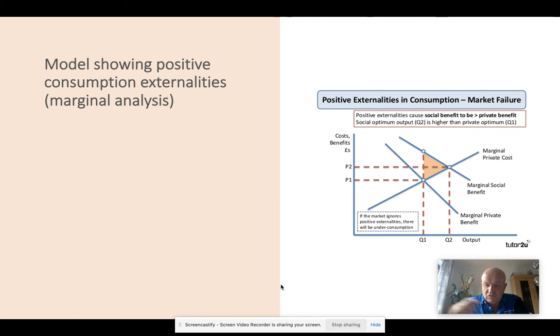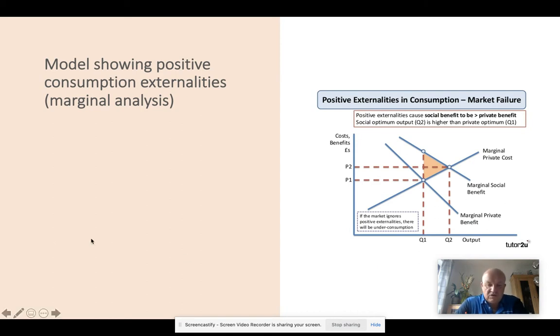So the social optimum, in this case Q2, is higher than the private optimum. And in this scenario, if the market chooses to ignore these positive externalities, then there may be underconsumption of that particular good or service. So again, there might have to be some intervention by the government to try to encourage that process.